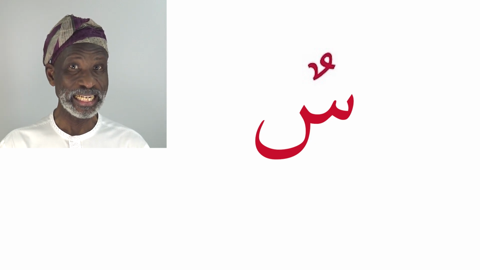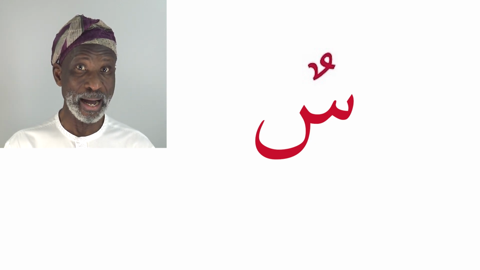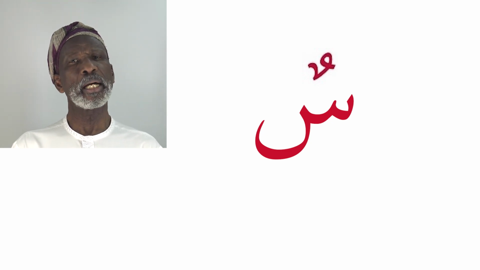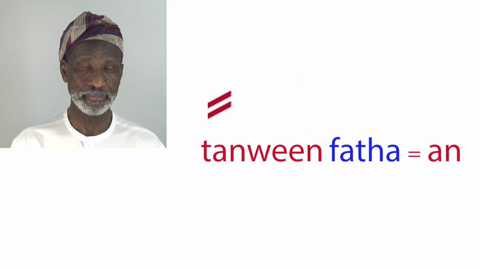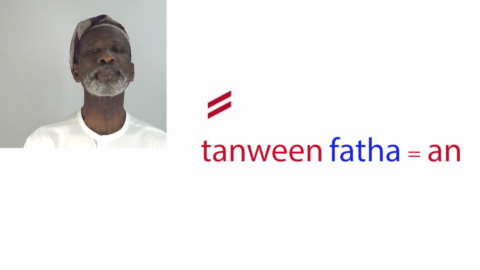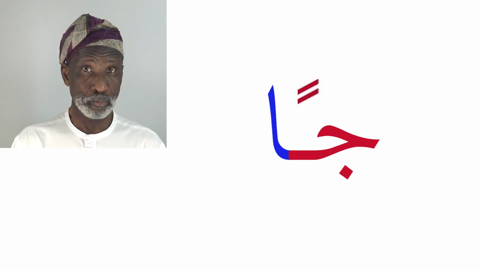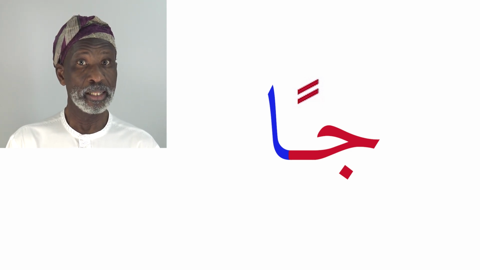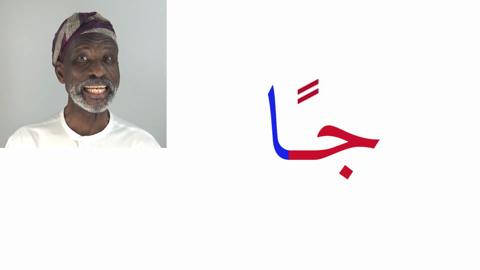We say sin, tenween, damma, sun. What about the tenween fatha, an? Let's do that again. So the Jim with two fatha, to make the an sound. We say Jim, tenween fatha, jan.